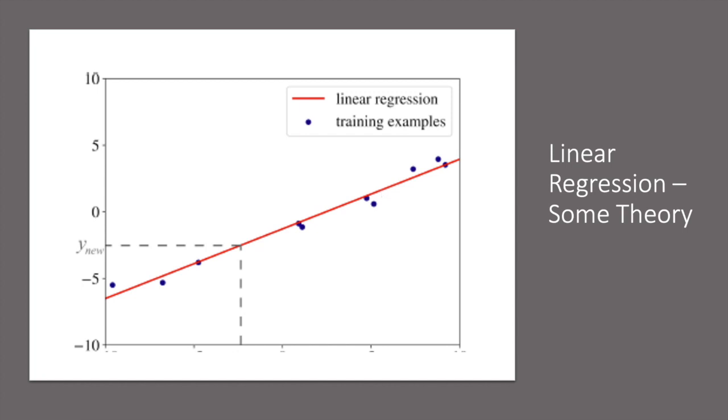We can use this line to predict the value of the target y for unseen inputs. So if we have this model and we are given a new unseen input value, then we can predict what the y value, or the target value, of the new unlabeled input example is.